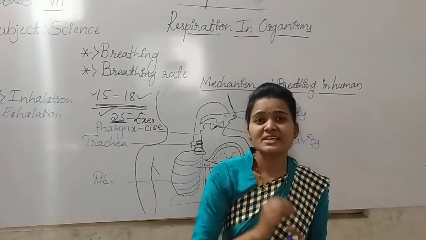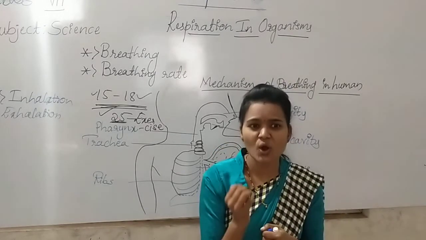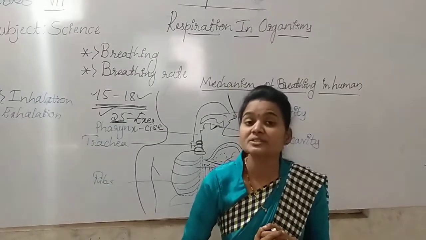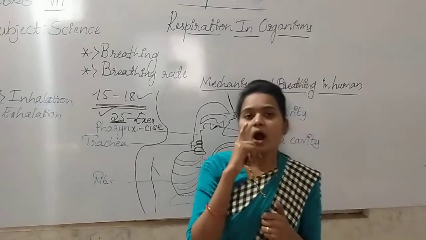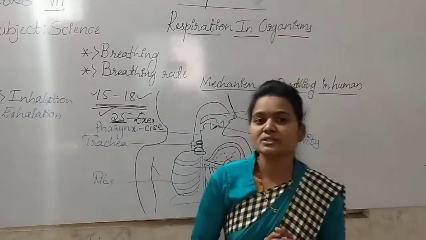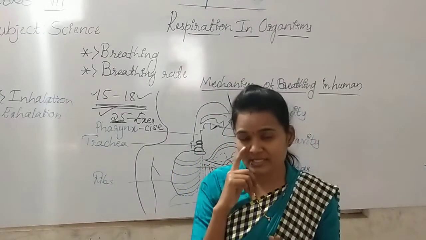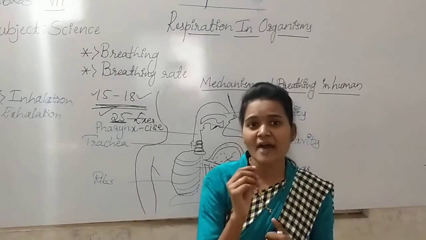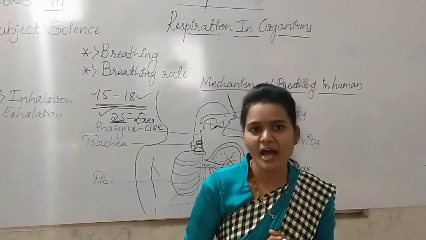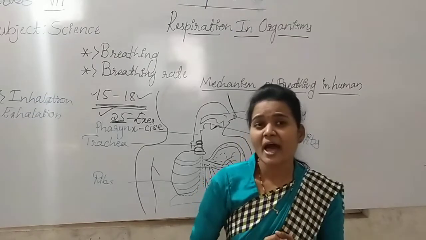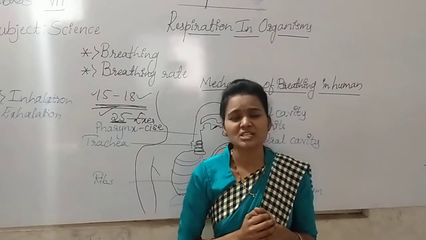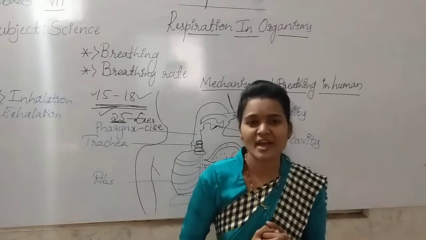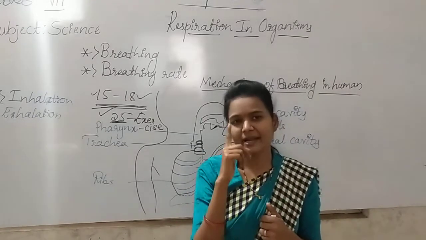And the gas having the dust or dirt will be stuck by the hairs present in the nostrils. Our nose has two nostrils, and inside the nose we have small hairs and a jelly-like, smooth substance, which we call mucus. Hairs are present inside our nose.